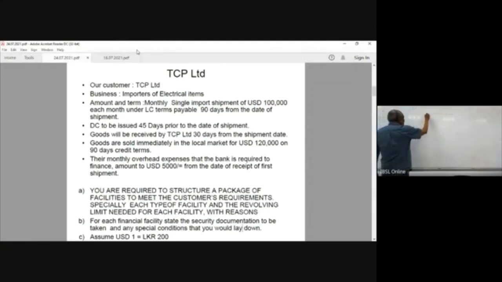This is my TCP customer. Monthly single import shipment of US dollars 100,000. US dollars 100,000.